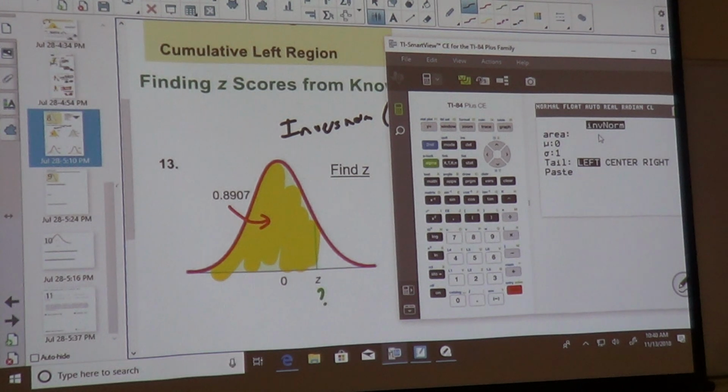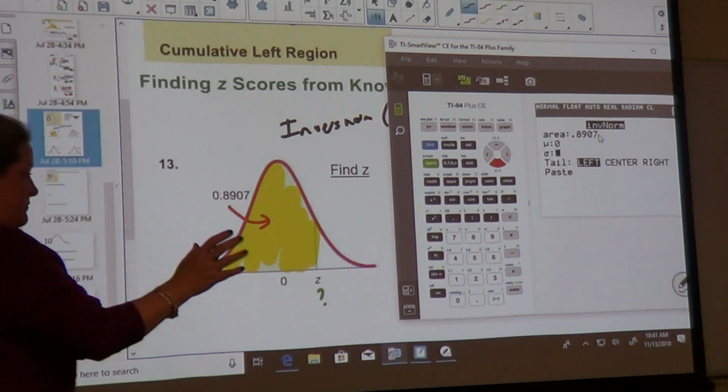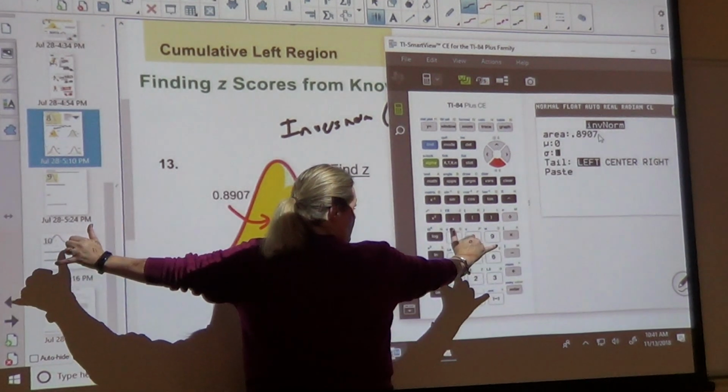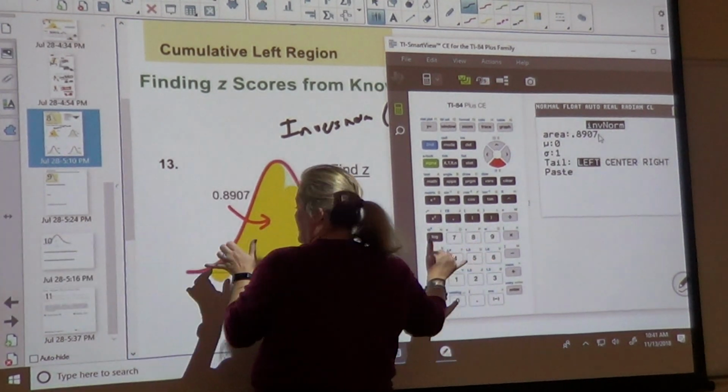Now, what is the area under the curve? 0.8907. You with me? That is the area under the curve. Do you agree my mean is 0 and my standard deviation is 1? Now, my tail. These are what we call tails. They tail off forever. Is your tail going to the left?